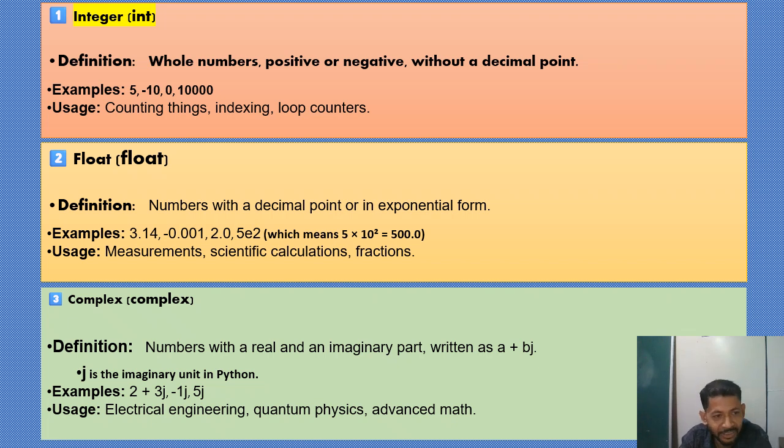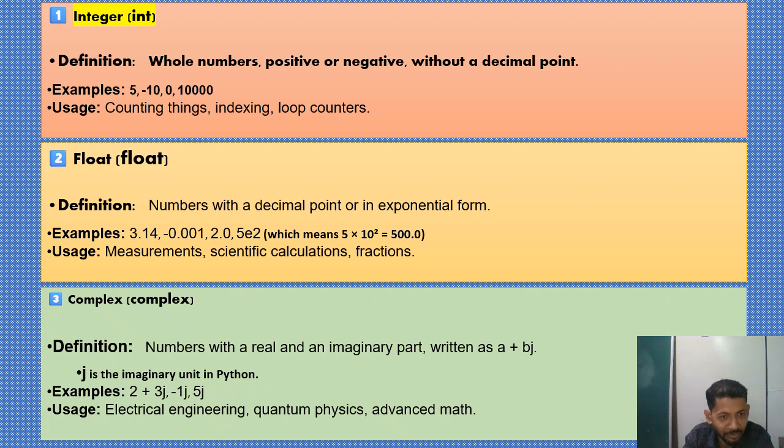And the last one is complex. So here what is the use? Numbers with a real and an imaginary part. Here both are written as a plus bj. So in higher classes like electrical engineering, quantum physics, advanced math, you can use complex.